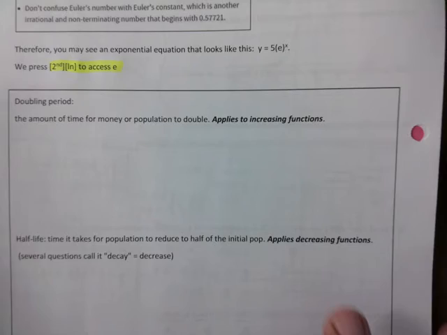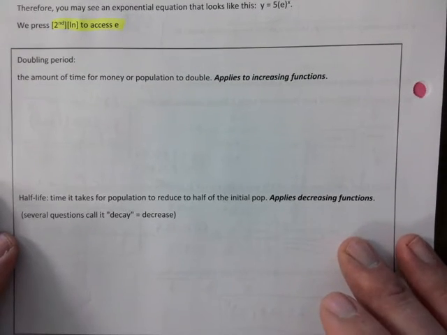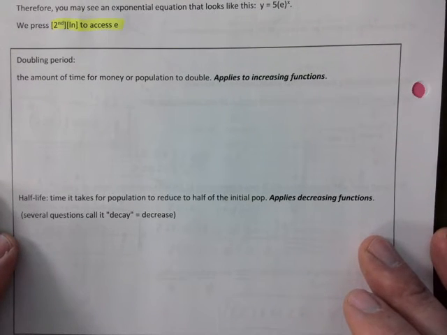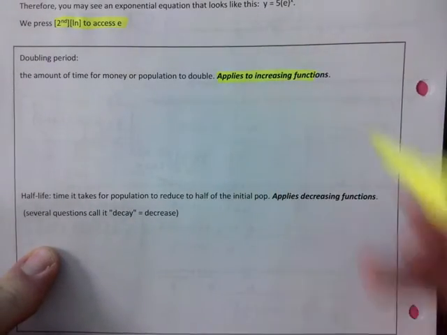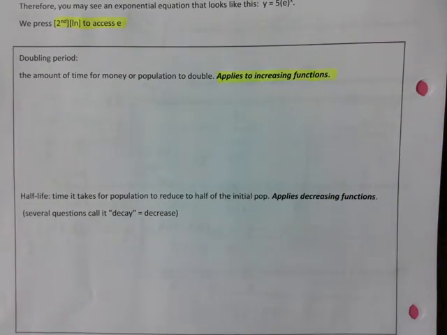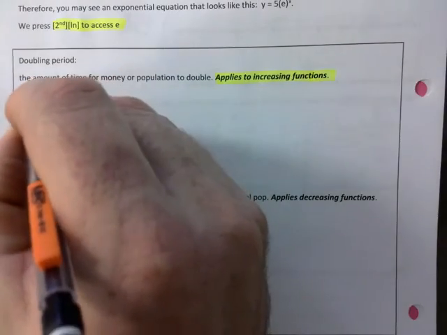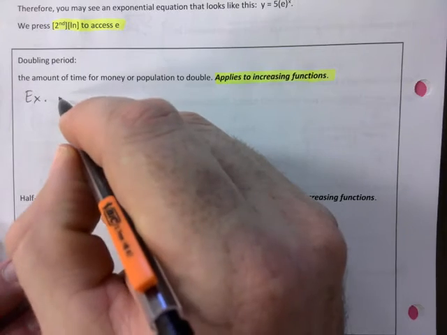Furthermore, doubling period, the amount of time for money or population to double, applies to increasing functions. That's very important. Doubling time, increasing functions. So, example, right?